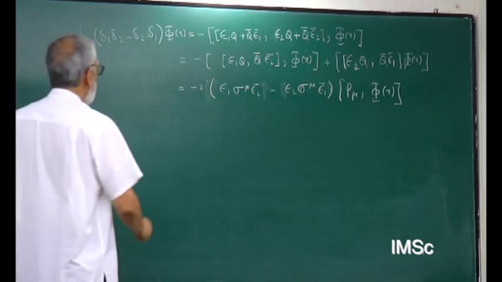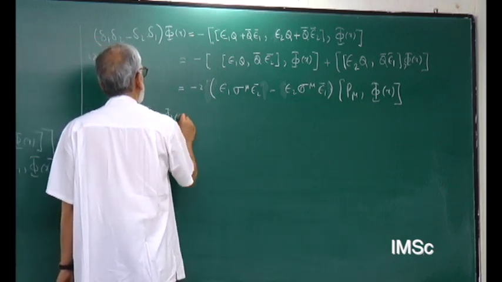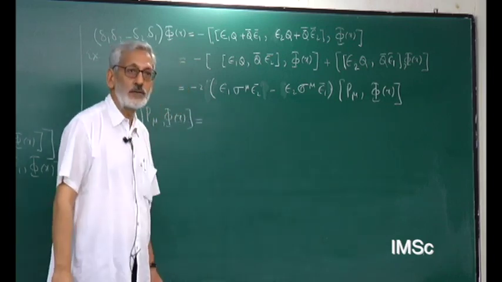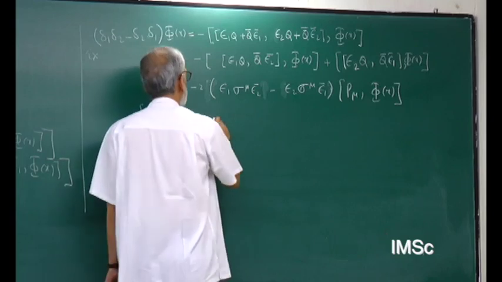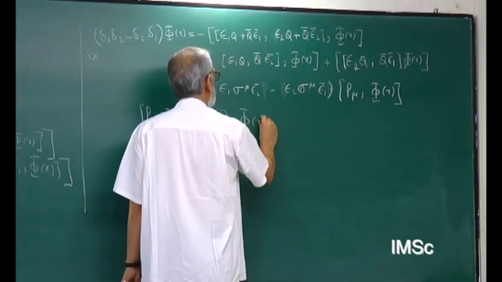Now what's P mu on phi? It's the translation operator. On x, it is a derivative.